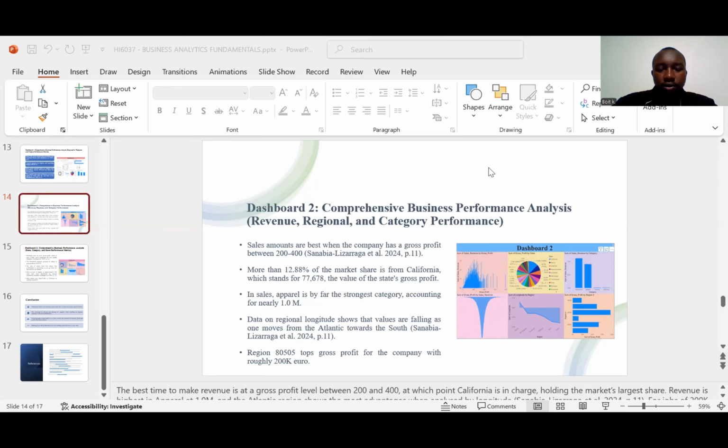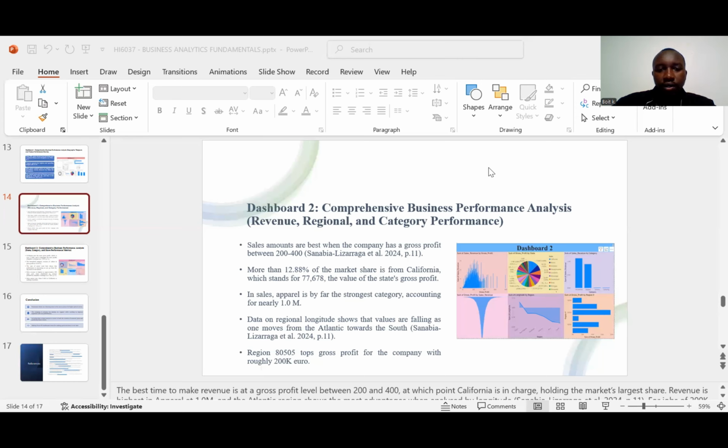Dashboard 2 includes the comprehensive performance analysis with revenue, regional and category performance metrics. So you're able to see from dashboard 2, sales amounts are based on the company having a gross profit of between 200 to 400.